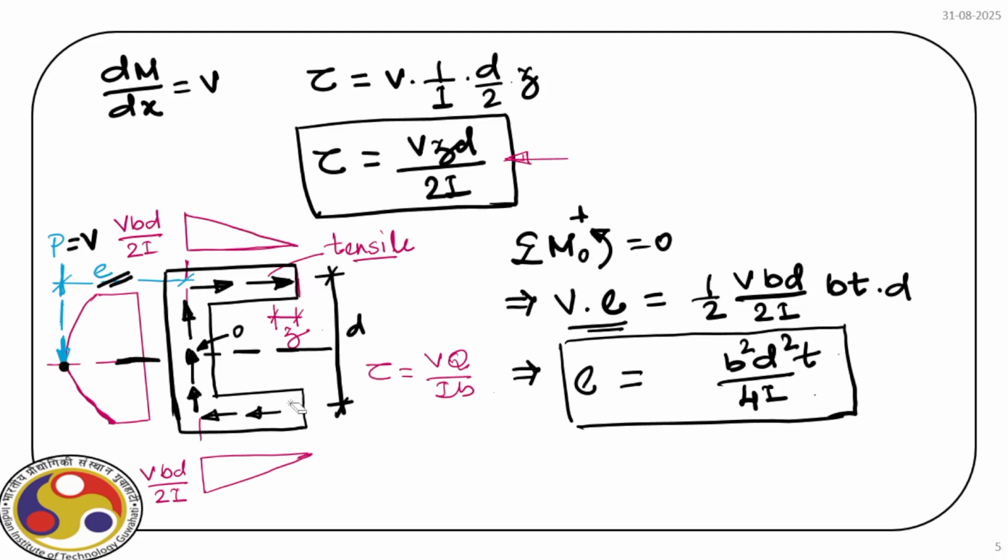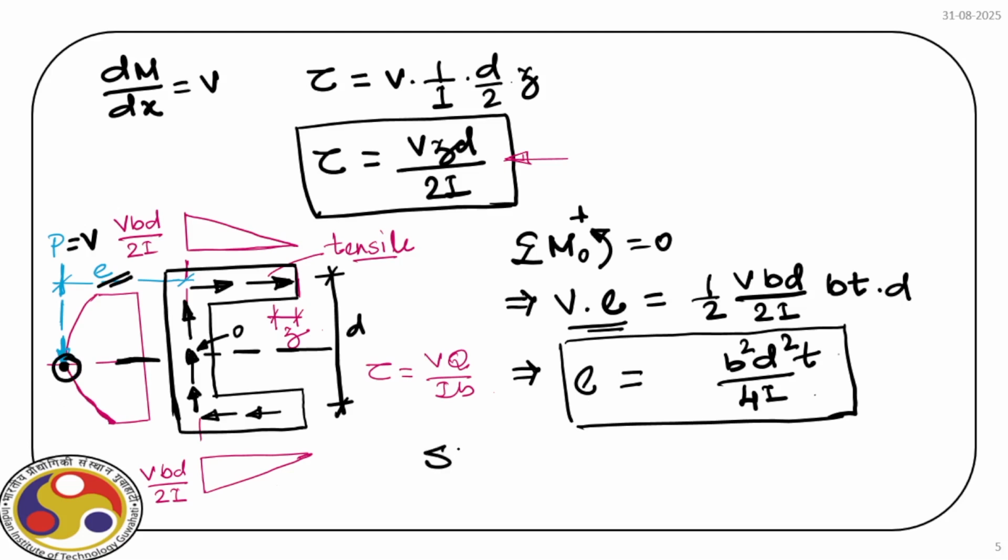One at the top, another at the bottom. Otherwise, for these type of sections, what will happen if we apply a bending, that will also cause a rotation at the section level. Now this point, which is at a distance E, this is called shear center.